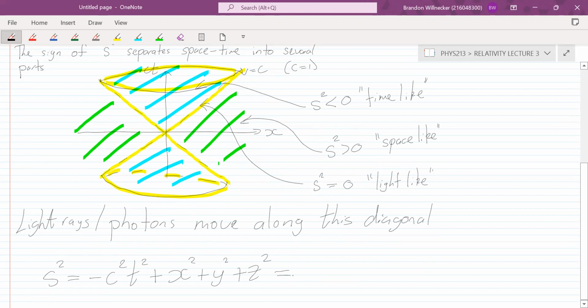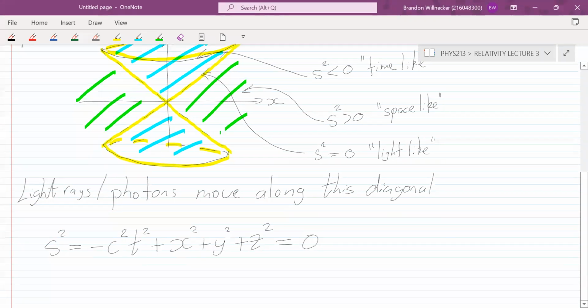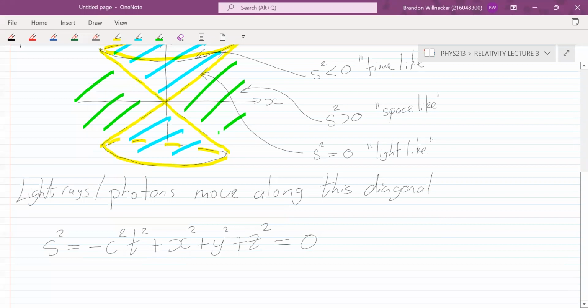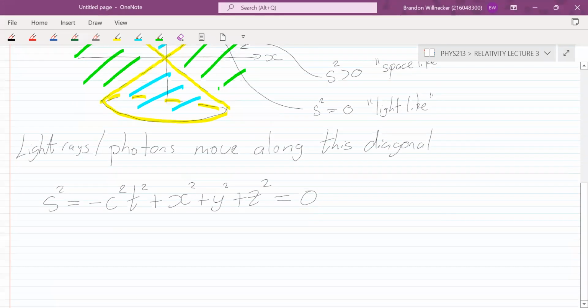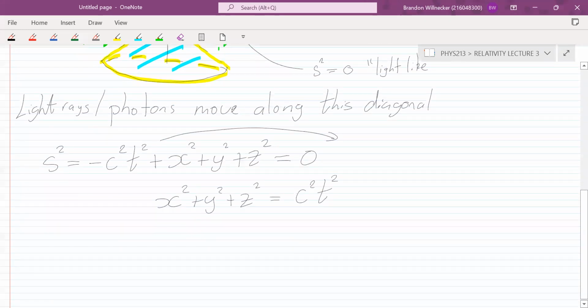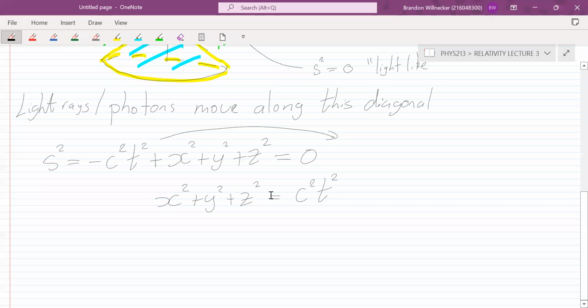Now we know that along the surface of this cone, we have s squared is equal to 0. Okay, that's just separating the space-like and time-like regions. However, we can take the c squared t squared to the other side. So we get x squared plus y squared plus z squared is equal to c squared t squared. We can divide through by t squared.